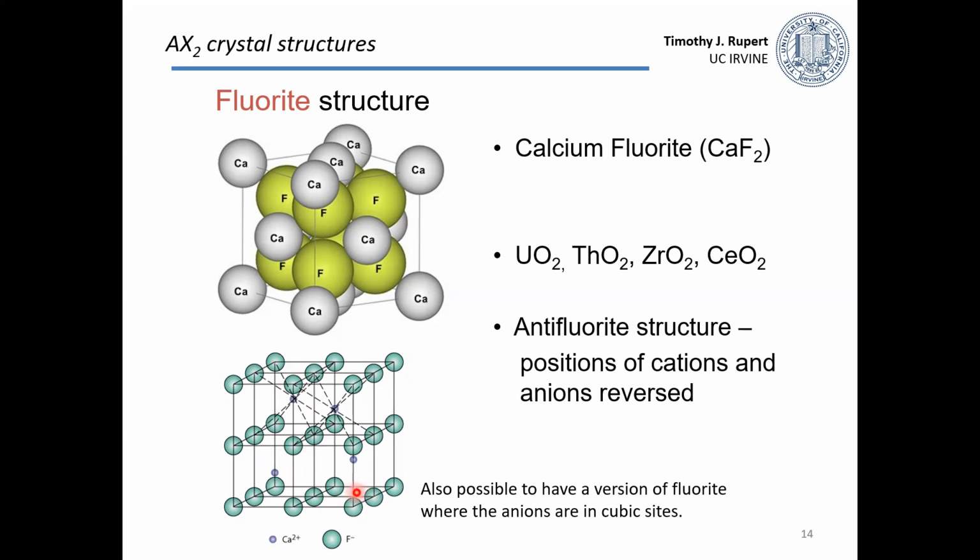And 4 of those cubes, the top back left, the front top right, the front bottom left, and the back bottom right are filled with the calcium atoms. So this is another possibility that's a little bit less common for having a fluorite structure.